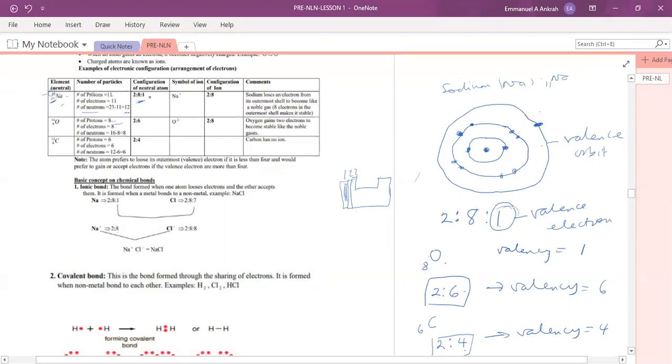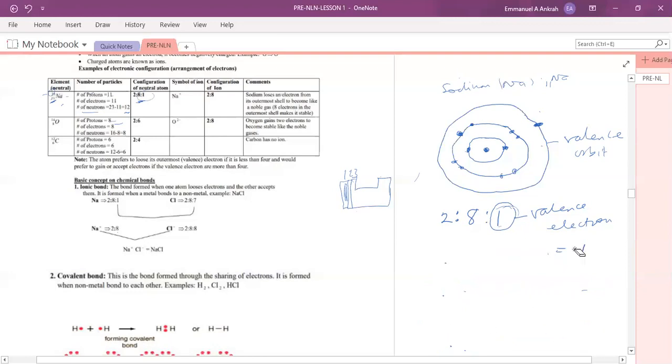Now, what happens if you lose the outermost electron? You can lose the outermost electron because it's easy to lose, as it doesn't need too much energy. So let's begin with sodium and look at what happens.